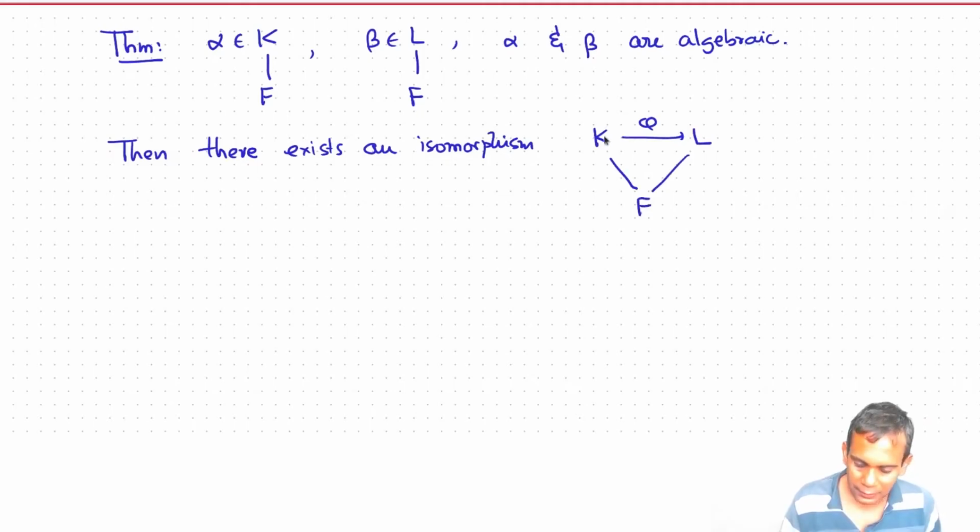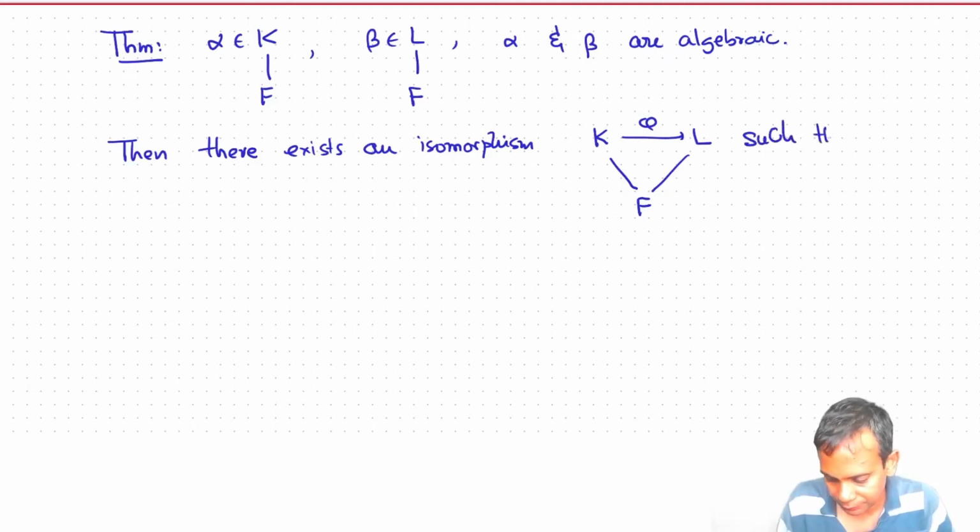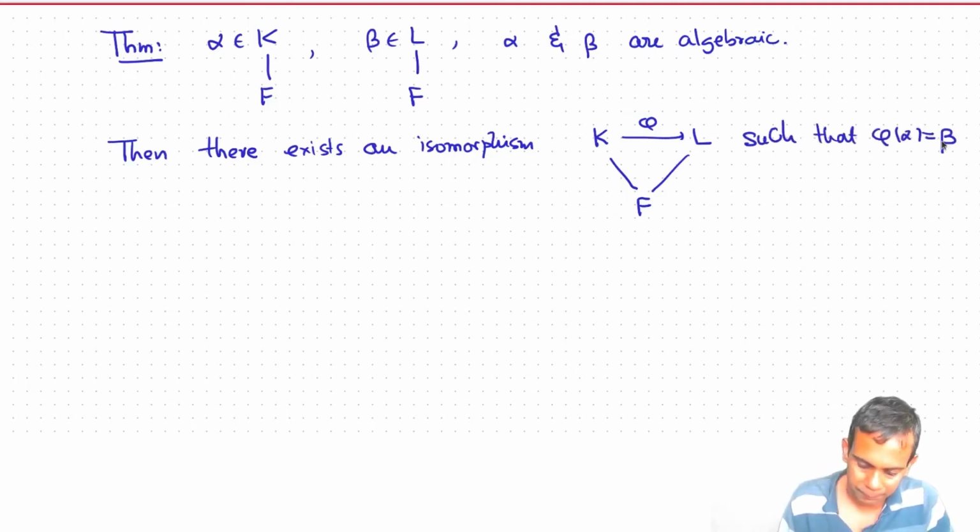This means that phi is an isomorphism from K to L, but when restricted to F, phi is the identity. So it's an isomorphism of extensions, not just a ring isomorphism. But we're going to add an additional condition such that phi of alpha is equal to beta. Now once you add this condition, this decision problem becomes much easier.